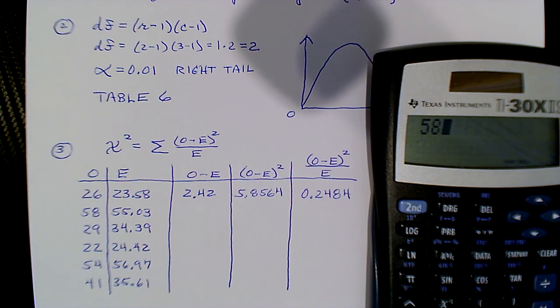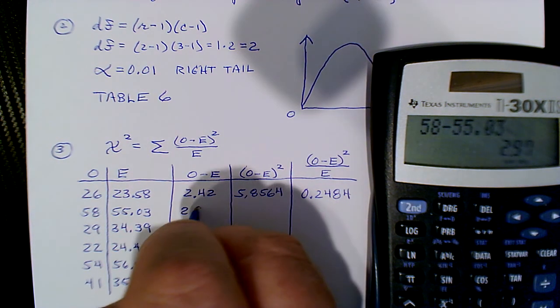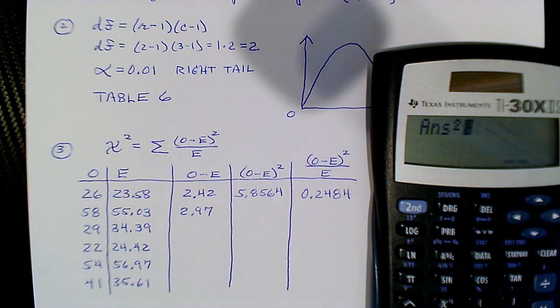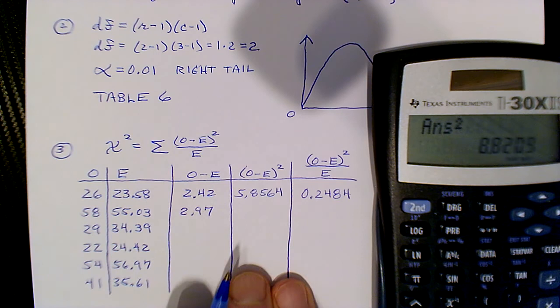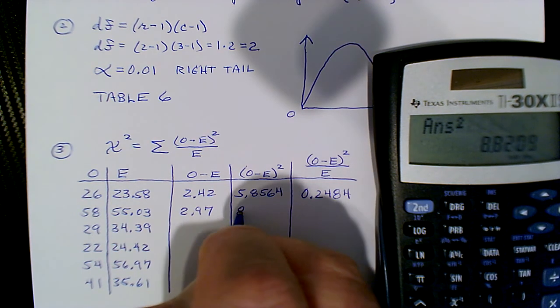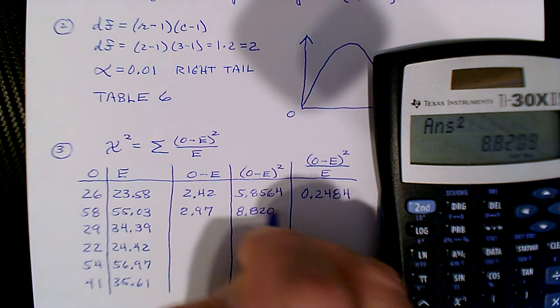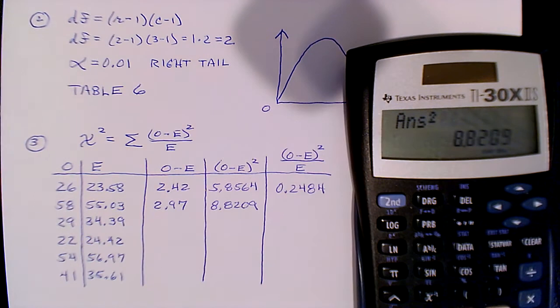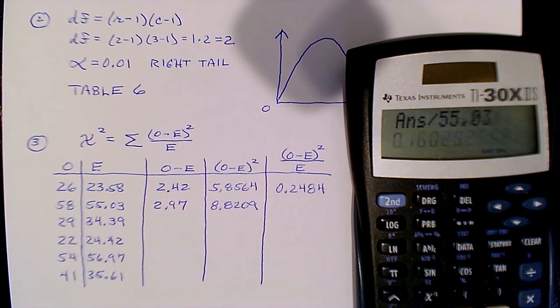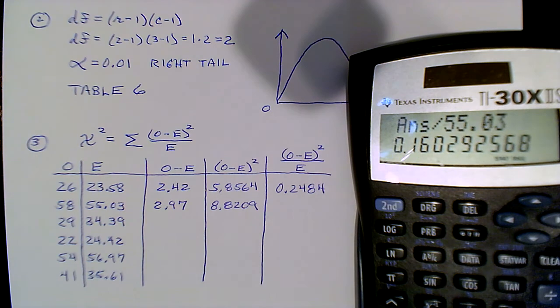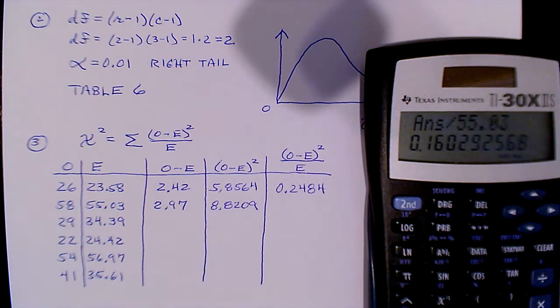But I'll show one more of them. 58 minus 55.03 is 2.97, square it, 8.8209, and then divide that result by E, which was 55.03, 0.1603 when rounded.